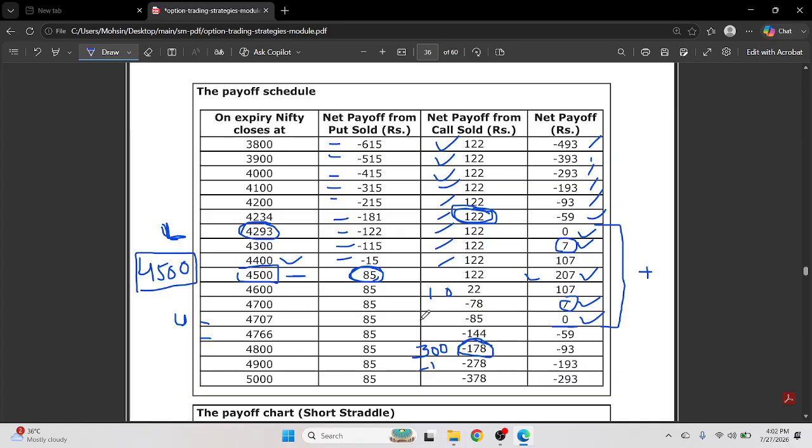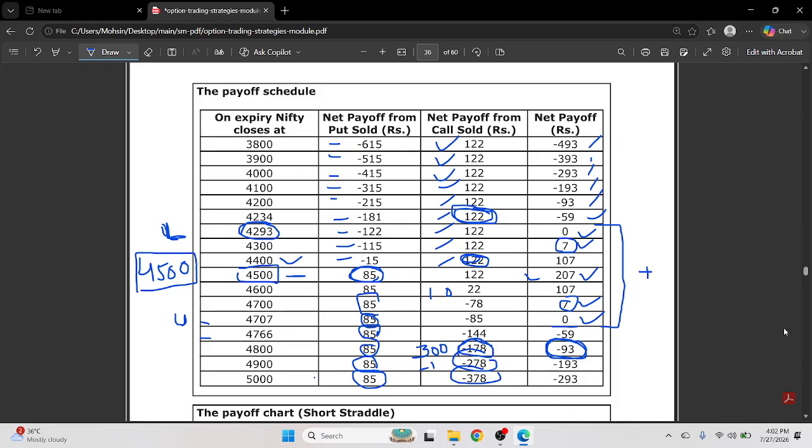So 178 minus 85 equal to 93. Still you are in a loss. So as you can see, the strategy is going to protect you only up to a certain level, because it can only protect you up to 85 points, not more than 85 points in the upward direction, and it will protect you up to 122 points only in the downward direction.